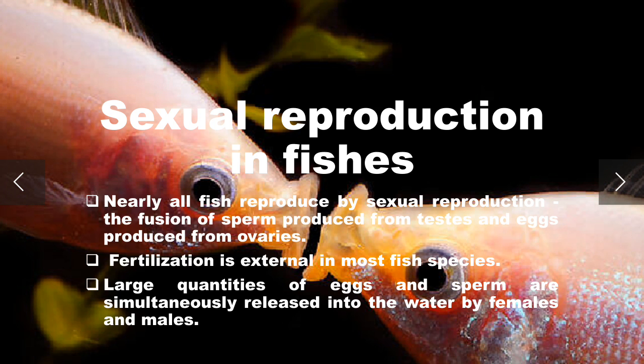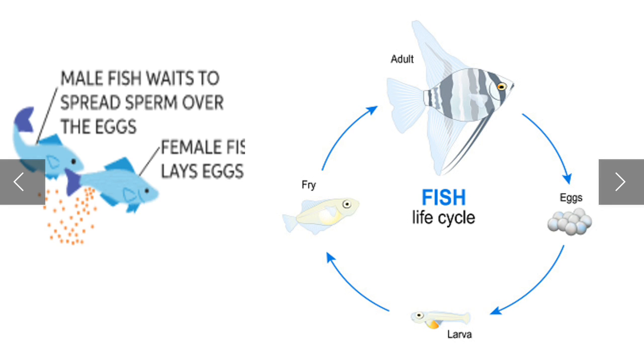Female fish release eggs in the water and the male fish release sperm in the water, and then they both fuse together and produce the next generation. You can see here in the diagram eggs, larva, fry, adult. Life cycle of fish.